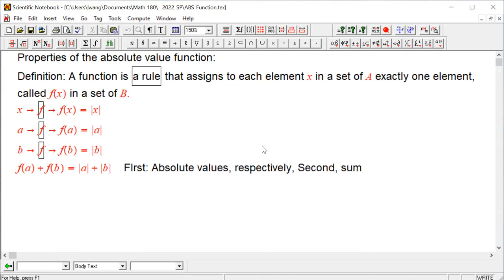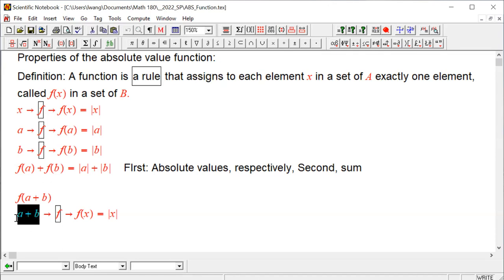Okay, so let's look at another situation. Suppose I do f of A plus B. What is f of A plus B? This says the input is A plus B. We give it to the function, and the rule of the function applies. It assigns to this one element, A plus B, an output.